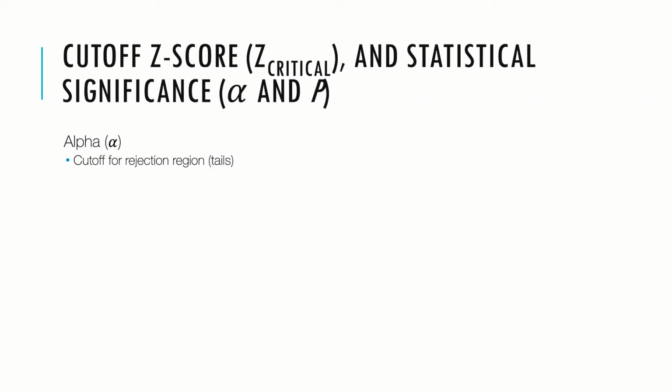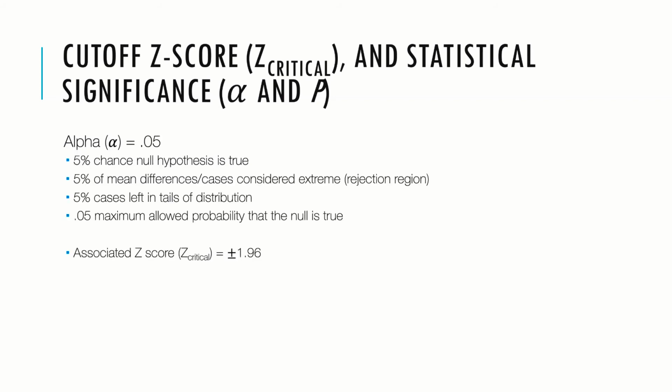Right? So if I scored beyond that z-score, it would indicate to me that there's a low likelihood that the null is true. You'll see, oftentimes we pre-select an alpha level of 0.05, indicating a 5% chance that the null is true. Applied to our mean difference, 5% of all mean differences will be considered extreme.